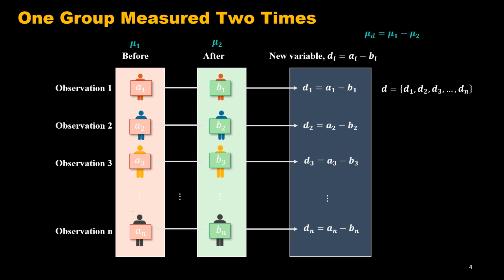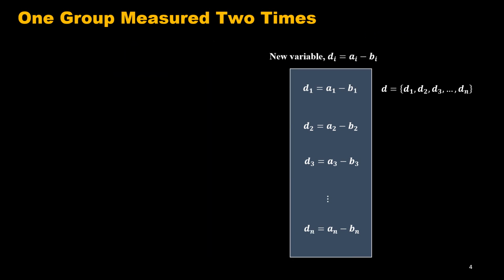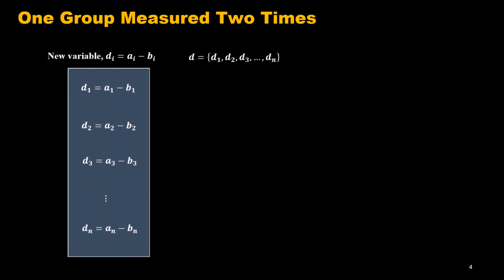Therefore, for the population average of the differences we use mu d equals mu1 minus mu2. Again, if you use after minus before, it should be mu2 minus mu1. Now we have one data set and we use this data set for our future calculations.